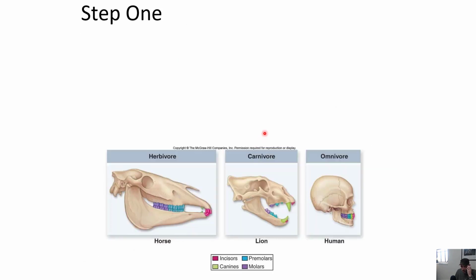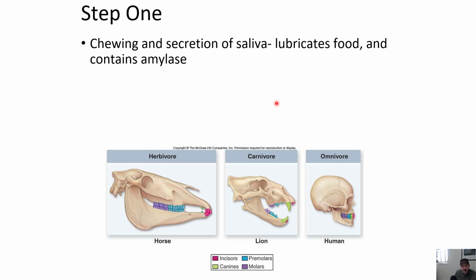Okay, so step 1 of digestion is called mastication. Mastication, that's when you chew up your food. All the animals we're talking about ingest food. Most organisms that are animals, or protists that are animal-like, ingest food. Some secrete digestive enzymes and absorb it, like fungi, but we're talking about ingesting.